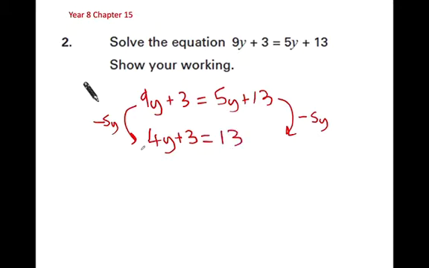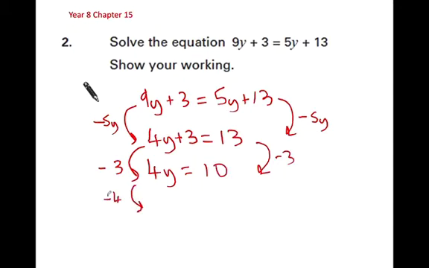Now it's a nice simple equation with only one variable, so I'll subtract 3 from both sides and get 4y equals 10, and then divide by 4. Hopefully that's a nice little recap of what we did last week.